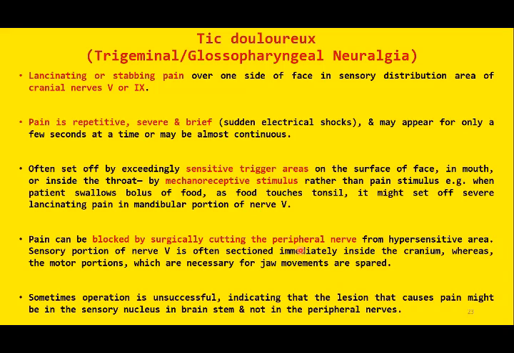So to summarize, trigeminal neuralgia is painful muscle twitch over the sensory distribution area of the fifth cranial nerve, and this pain is of sudden onset, it is repetitive and brief, and it can be treated by surgically cutting the peripheral nerve from that specific hypersensitive area.